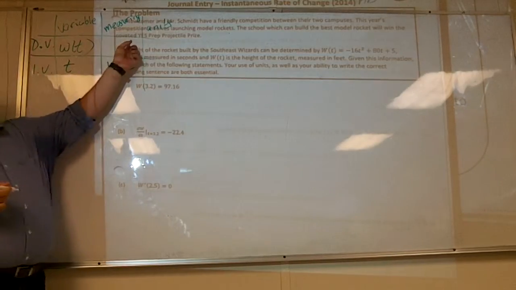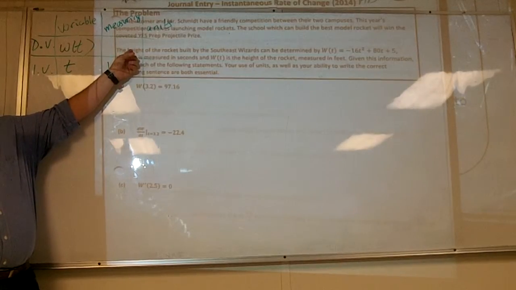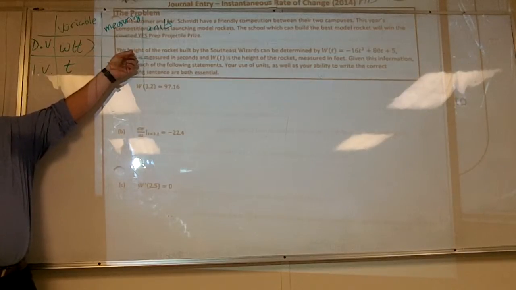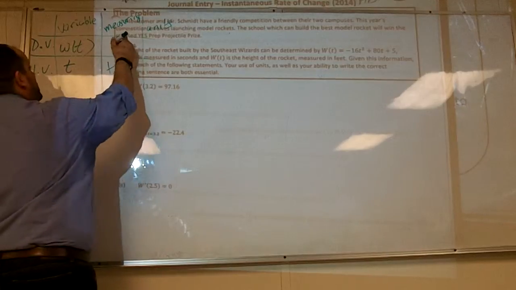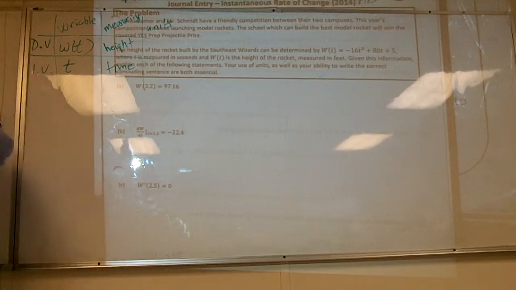For the dependent variable, we are measuring height. That is different from feet. What you're telling me is what we are using to measure, the units.